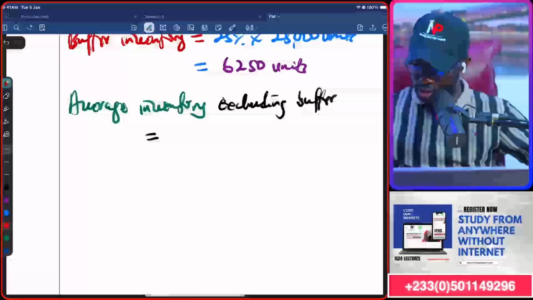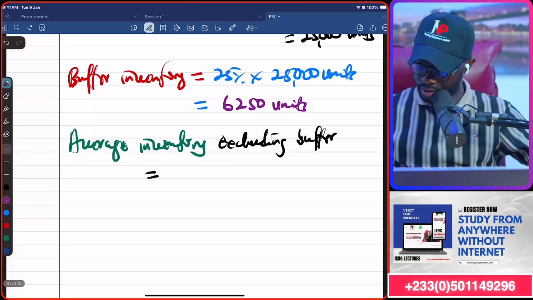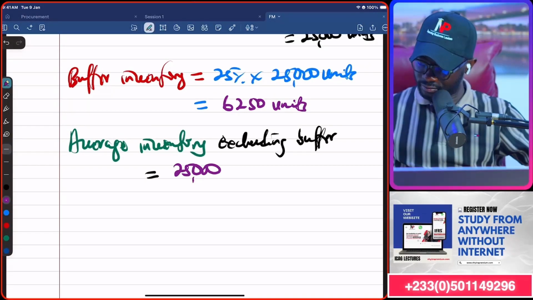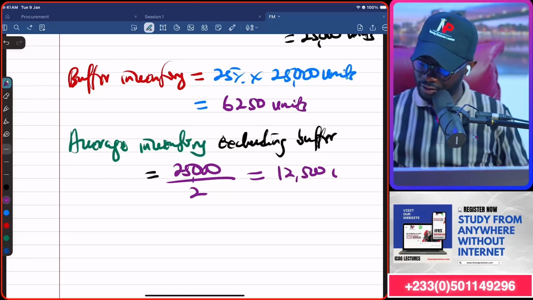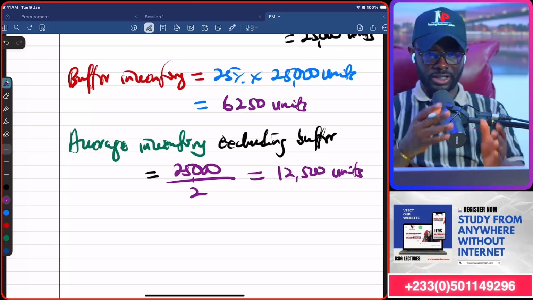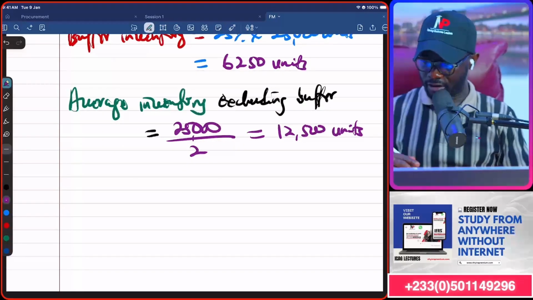The average inventory we keep is going to be the monthly order divided by 2, and that's going to be 12,500 units.